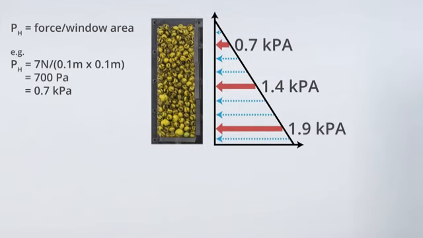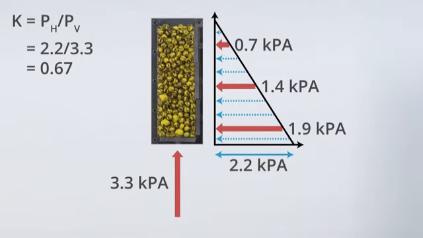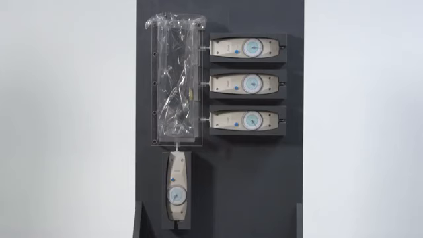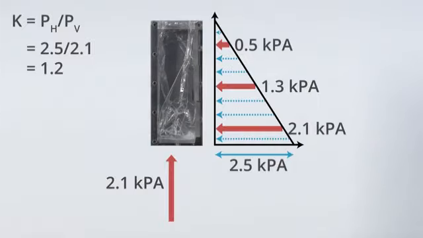Based on a straight line fit, the horizontal pressure at the bottom of the chamber would be 2.2 kilopascals. The measured vertical pressure there is 3.3 kilopascals, and dividing the horizontal bottom pressure by the vertical one gives a K of 0.67. If we fill the chamber with water, the gauges again indicate a linear pressure distribution.